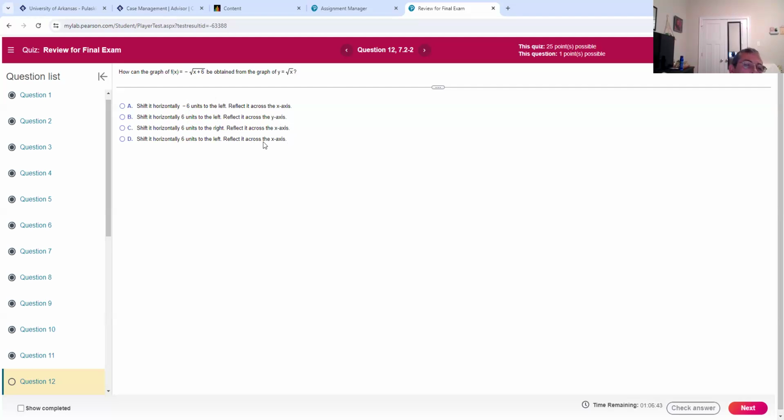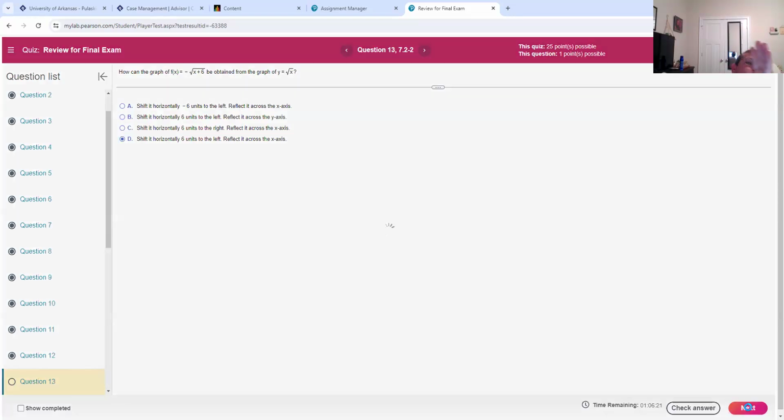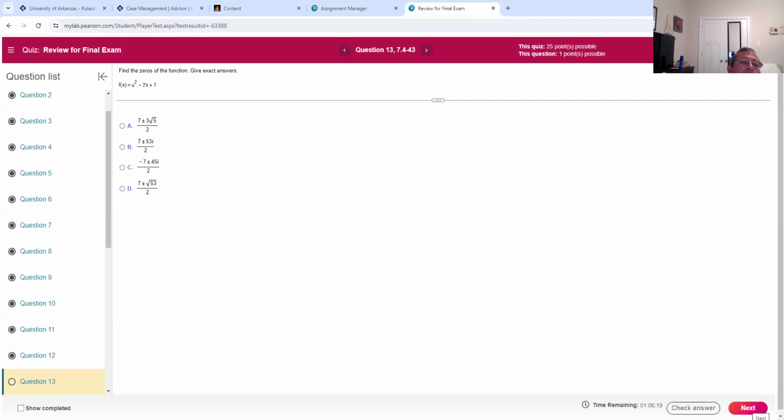So definitely going across the x-axis, y'all. So we have no choice but to pick D for that one, okay? Because we didn't even learn about the y-axis being reflected until we hit the exponential functions, remember? And it had to be the exponents that were negative to reflect it over that y-axis.